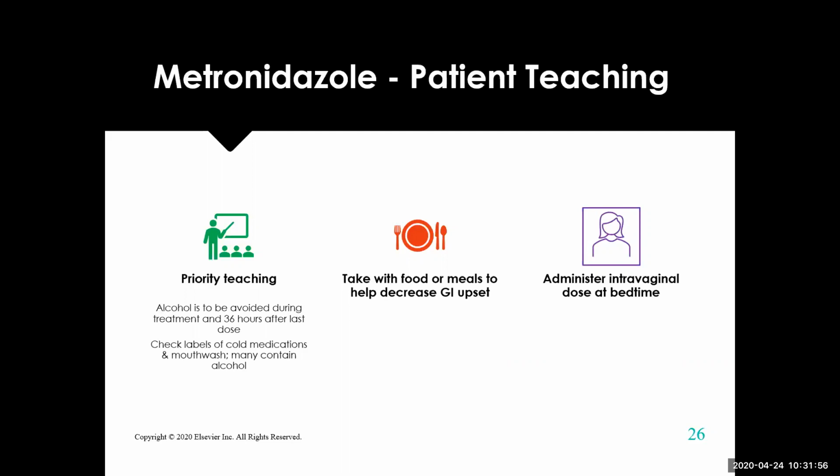To help decrease the GI upset, they can take this with food. And there is an intravaginal dose that instead of taking an oral dose of medication, it's a suppository, but it's put into the vaginal orifice. And so we usually advise women to do that at bedtime because the suppository melts and then gets absorbed.